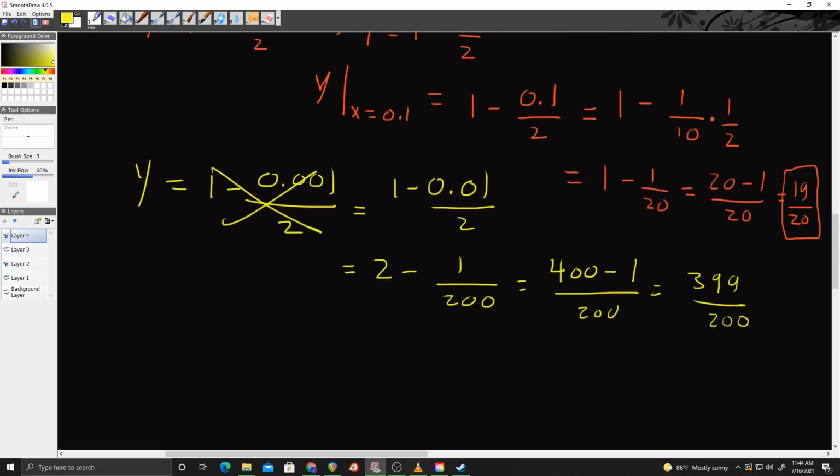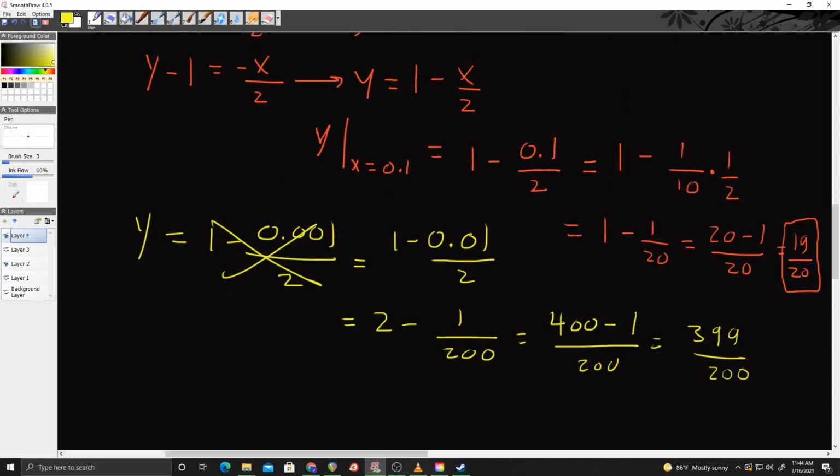What did I do? 1 minus 0.01 divided by 2, nothing wrong with that. Now this is a tiny, tiny number. Somewhere I messed up. 0.01 is literally 1 over 100.